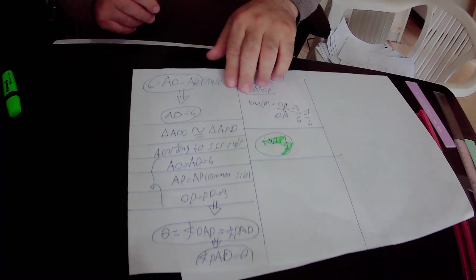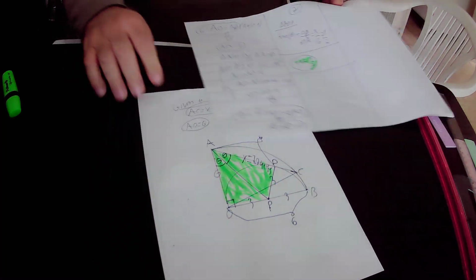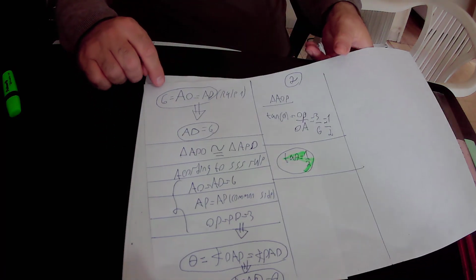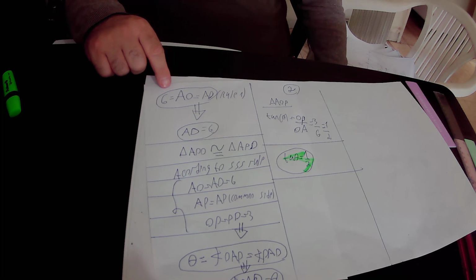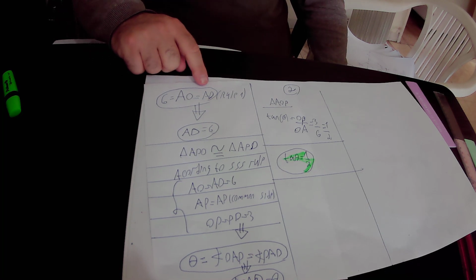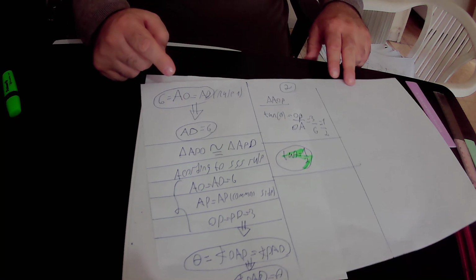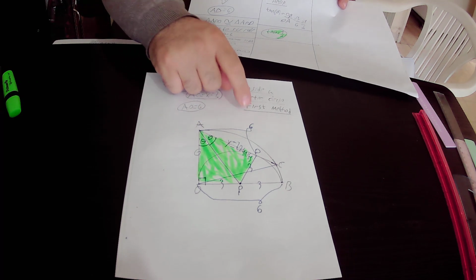That is to say, AO is equal to AD. But AO equals 6 units according to what is given in the question. So from 6 equals AO equals AD, we derive that AD is also equal to 6 units.